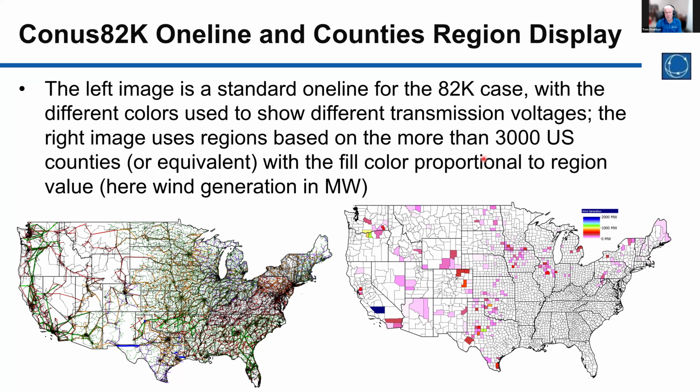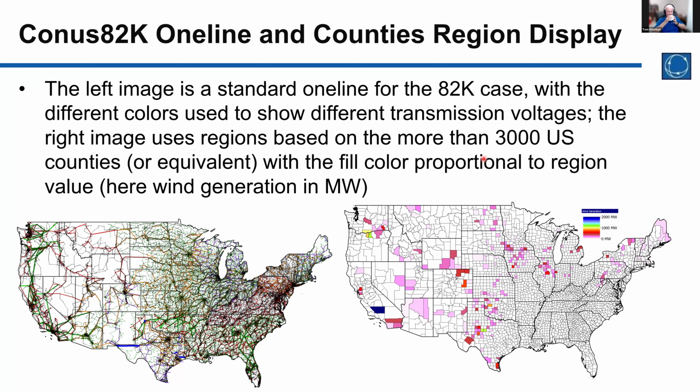And then I'm going to show you how you can take power system data and actually make some nice visualizations with it as well. For example, the image on the right, if I wanted to take this case and visualize the current wind power output by county and then color it by its value, that's what it's showing.